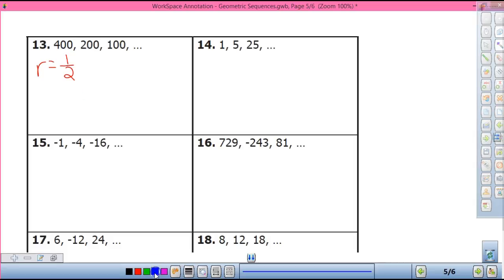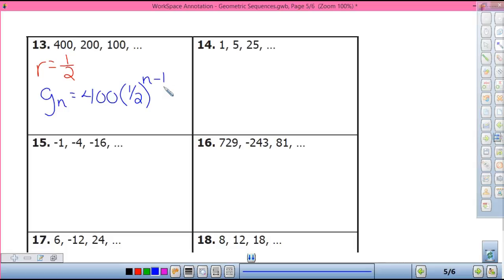Okay, because the first part of this problem, remember, is that you have to write the formula. So everybody should have the formula written on their paper in terms of G sub n. So it should look like G sub n equals 400 times 1/2 to the n minus 1. Everybody's got that?